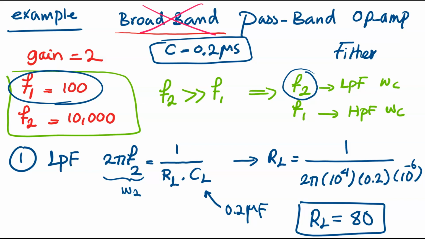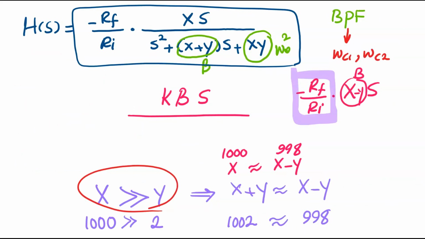If they are not, so let's assume that I ask you for 100 and 200 as the cutoff frequency, then they are not widely separated, and in order to design, what you need to do is using the actual transfer function of this combination, which is what you have here. So this is what you need to focus on and design based on this equation.